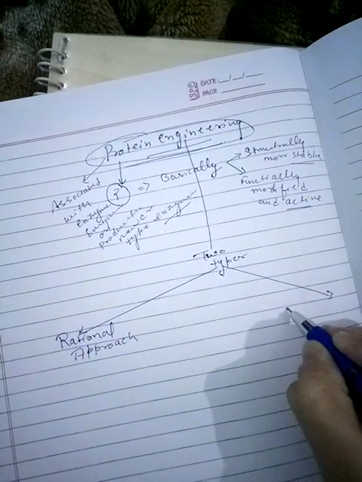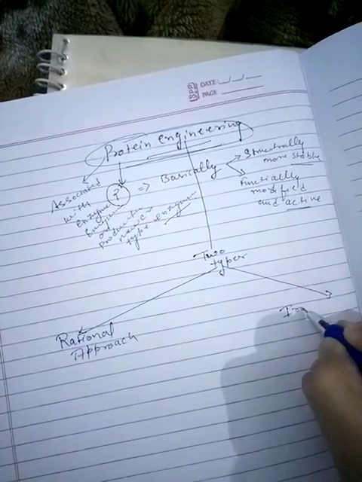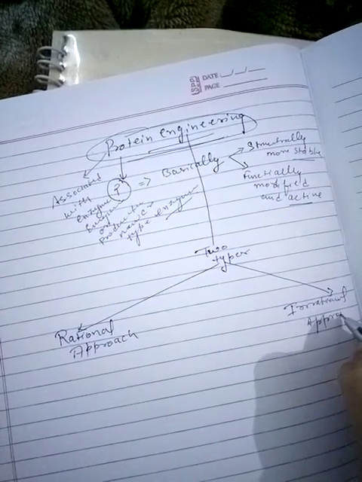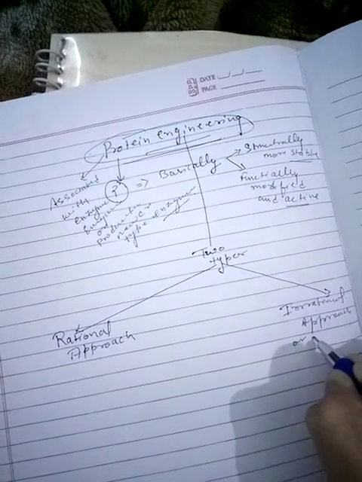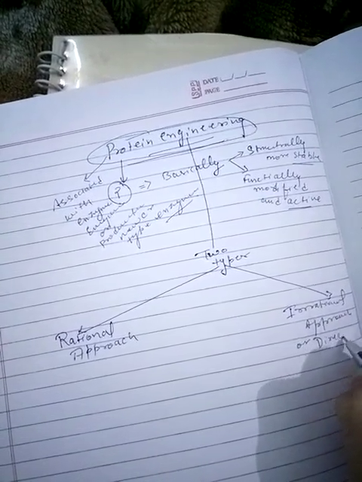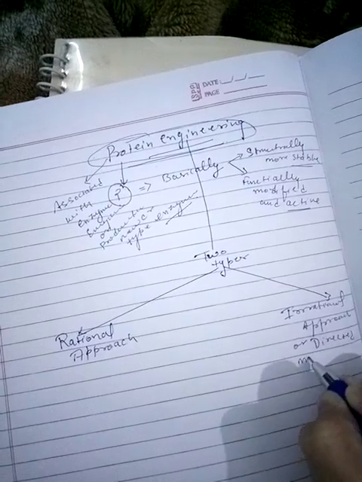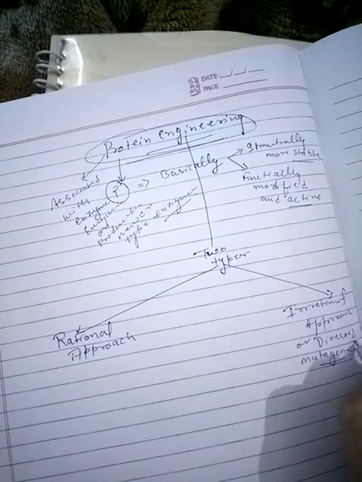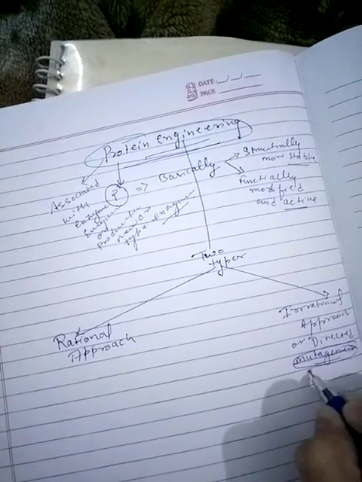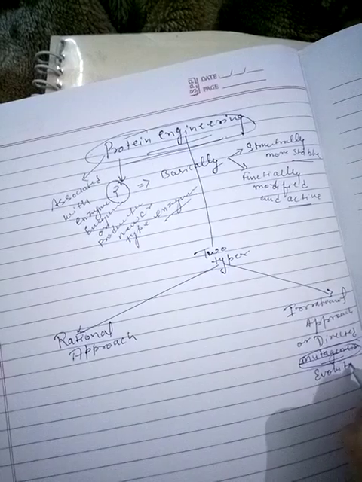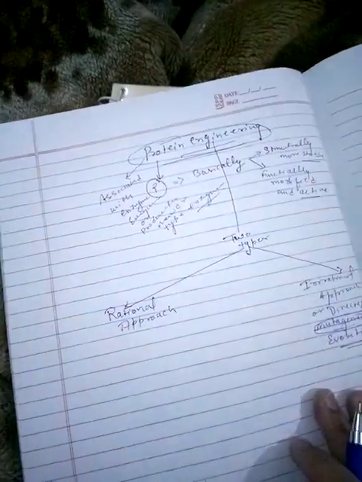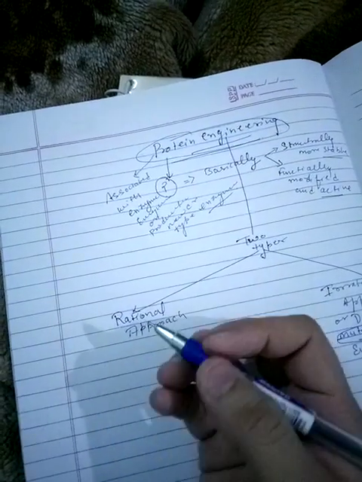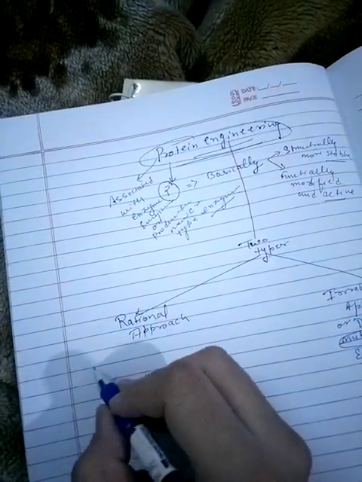And the second one is the irrational approach, which we also call directed mutagenesis, or rather, directed evolution.